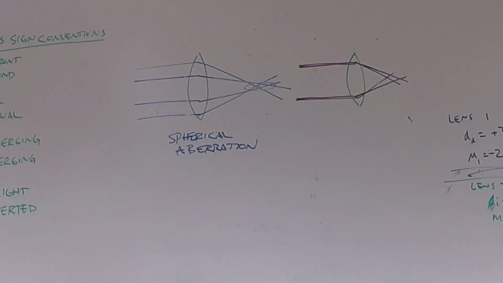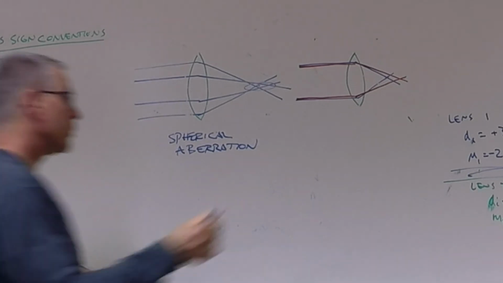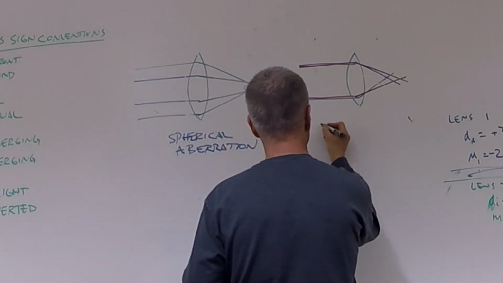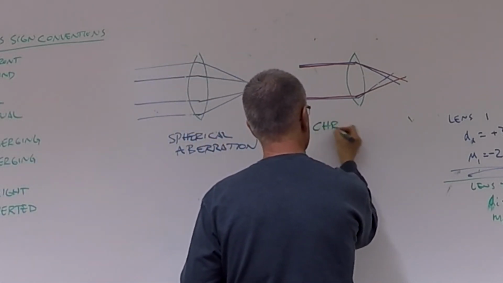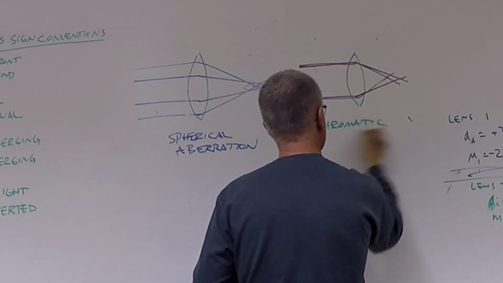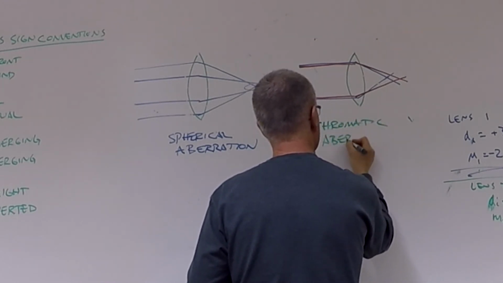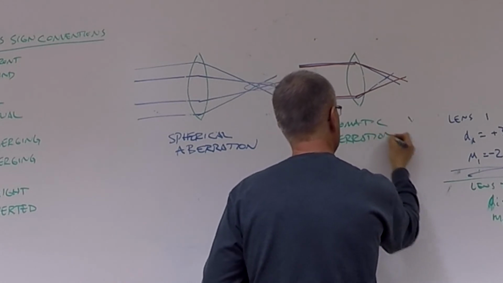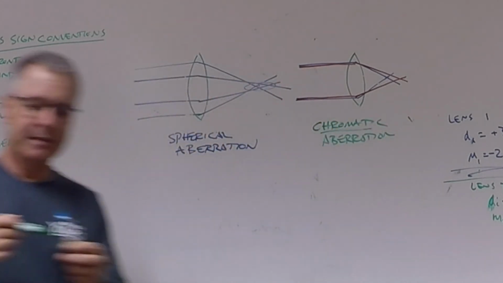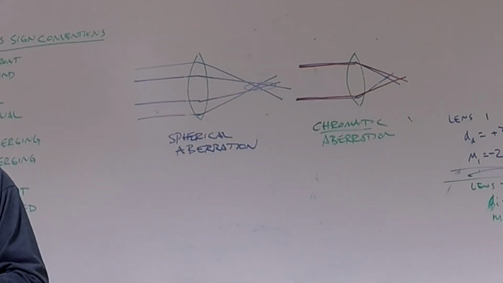There's a nice way to fix that. What this is called is chromatic aberration, of course. There's color. Here's a way to fix that.